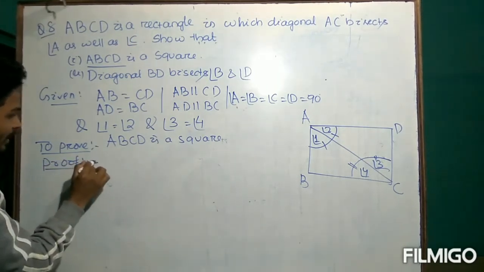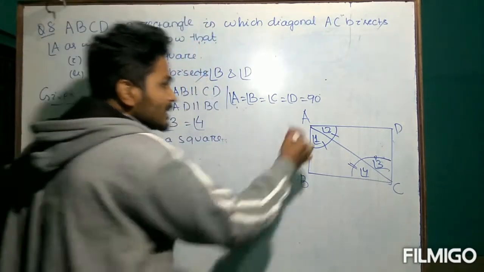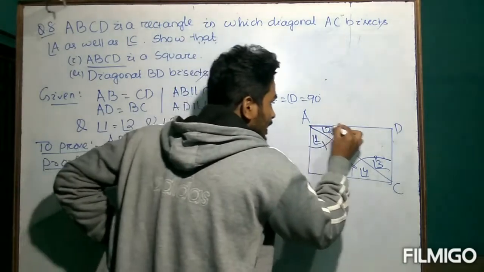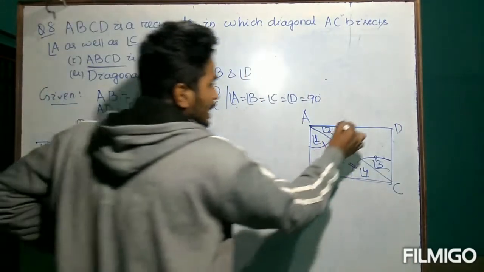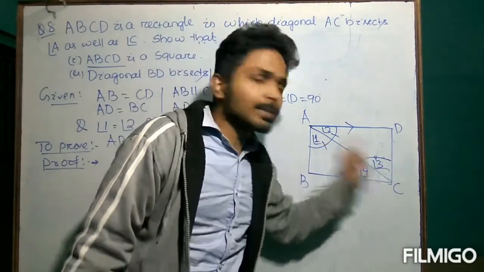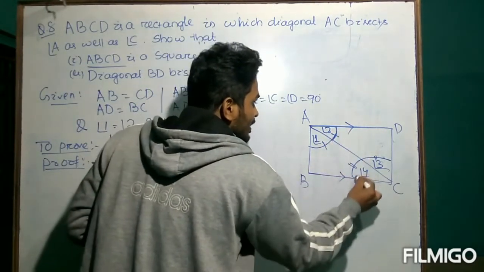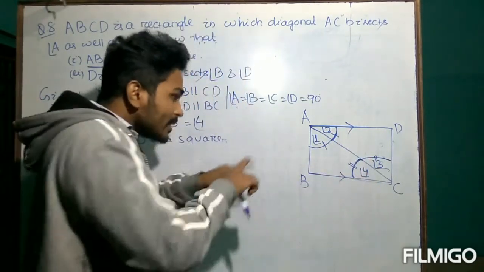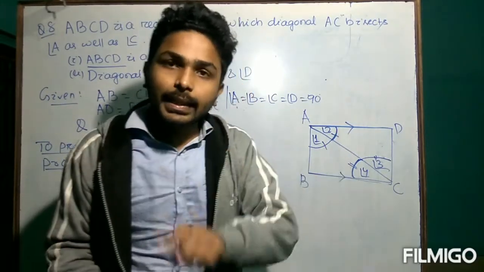Let's understand clearly. See, we already know ABCD is a rectangle. It means this side and this side are parallel sides. AD is parallel to BC and AC is a transversal line. Then this angle and this angle are which type of angles, and what is the relationship between them? They are known as alternate interior angles.